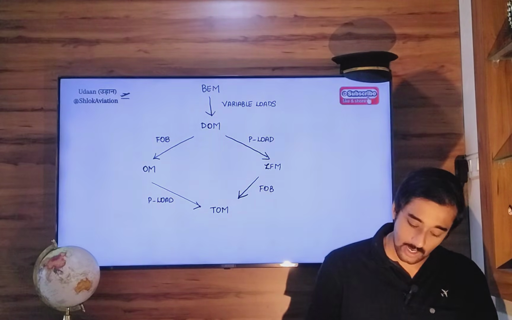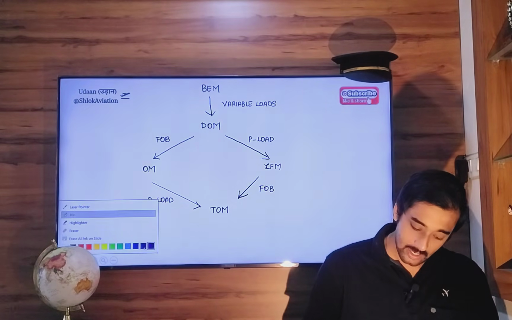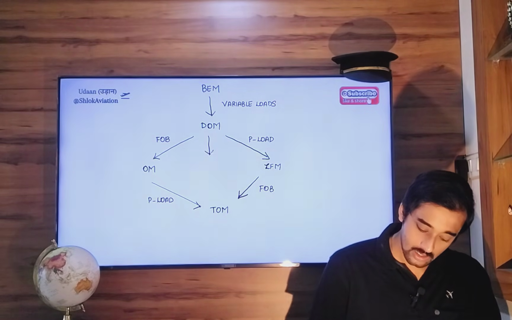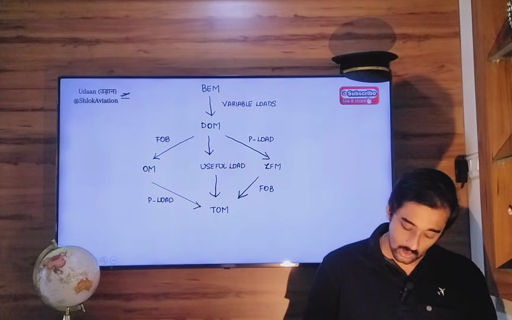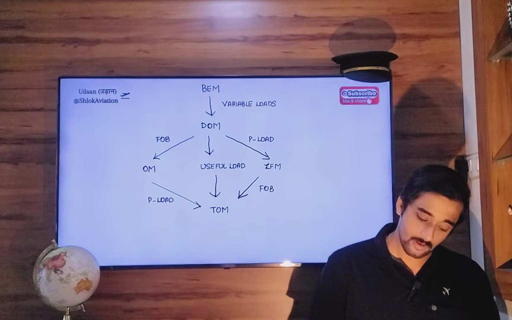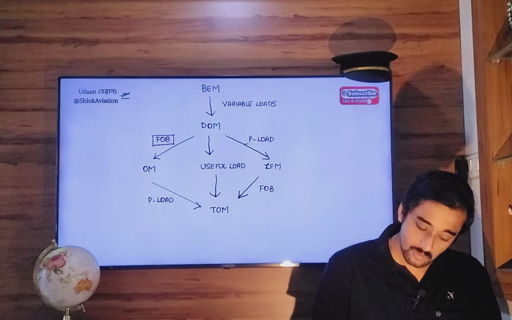Another way you can find takeoff mass is when dry operating mass plus useful load are added. So what is useful load? Useful load is nothing but fuel on board plus payload.